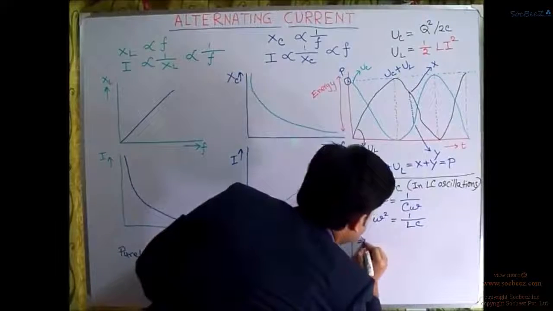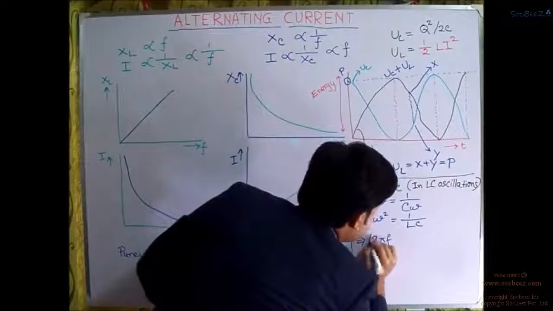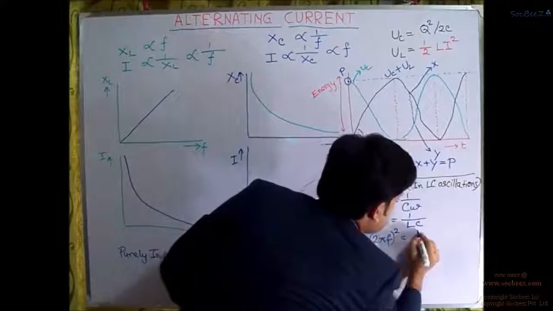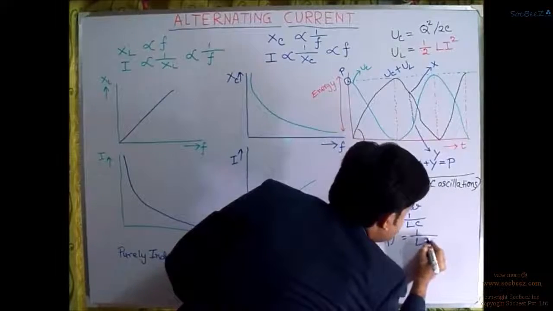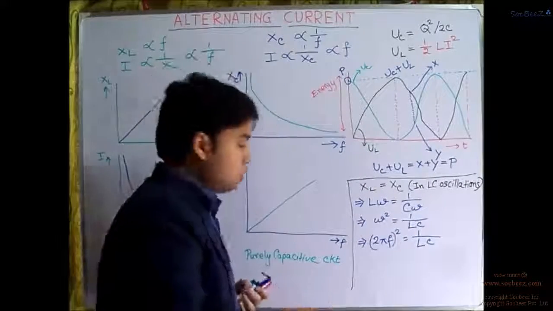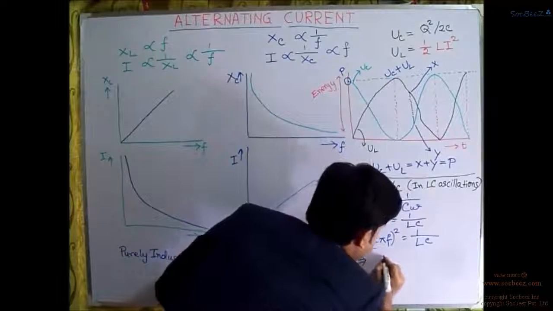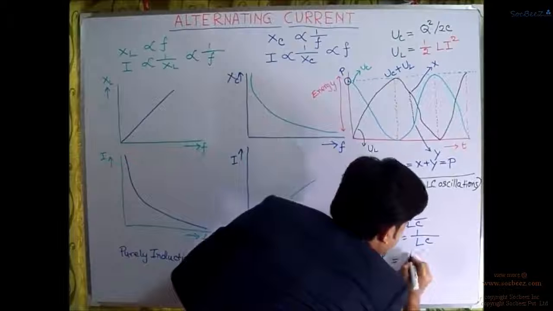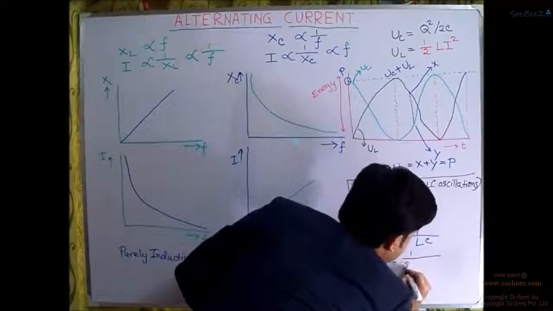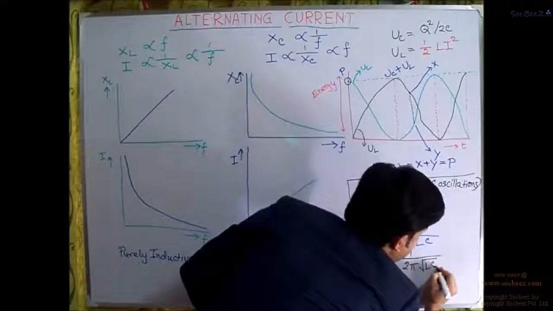So we get that (2 pi f) whole square is equal to 1 divided by LC. And if we wish to find out only this f, the expression shall look like f equals 1 divided by 2 pi under root of LC.